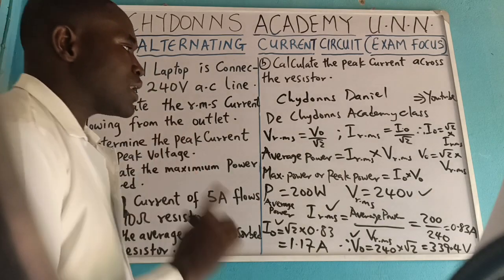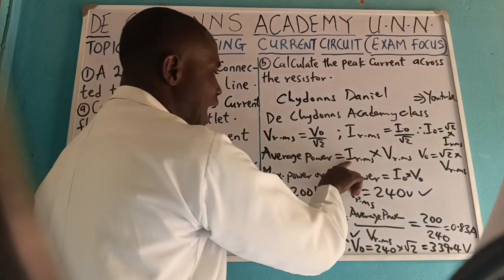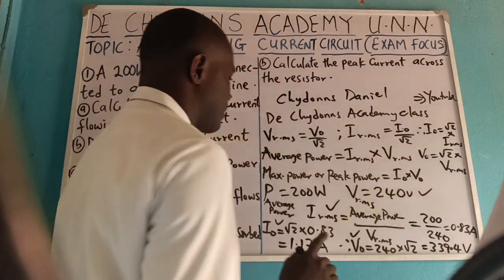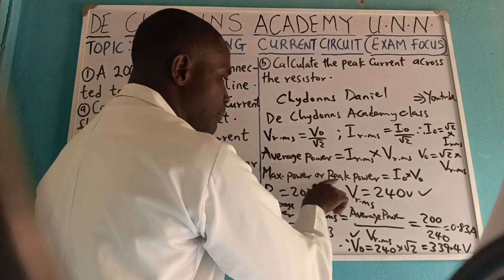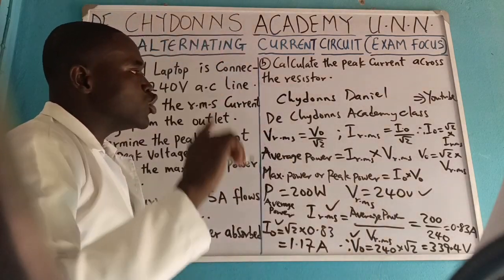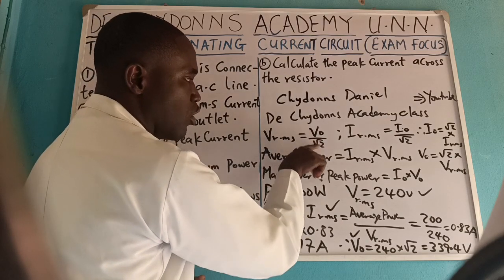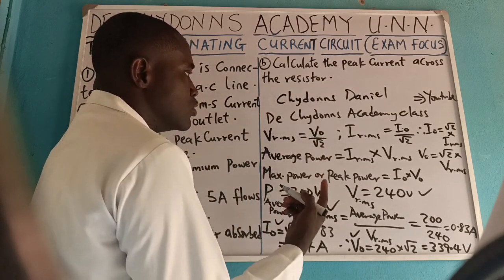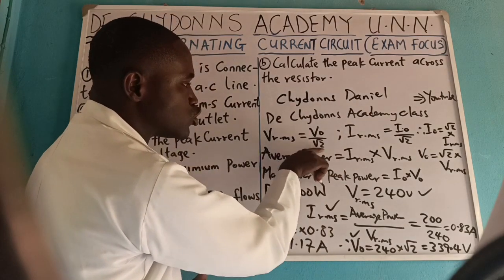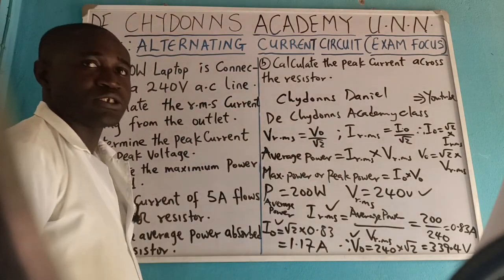I said before now that average power is I root mean square times V root mean square. Maximum power or peak power is this. But do you know that V root mean square is equal to V0 over root 2? That is, V0 is root 2 times V root mean square voltage.